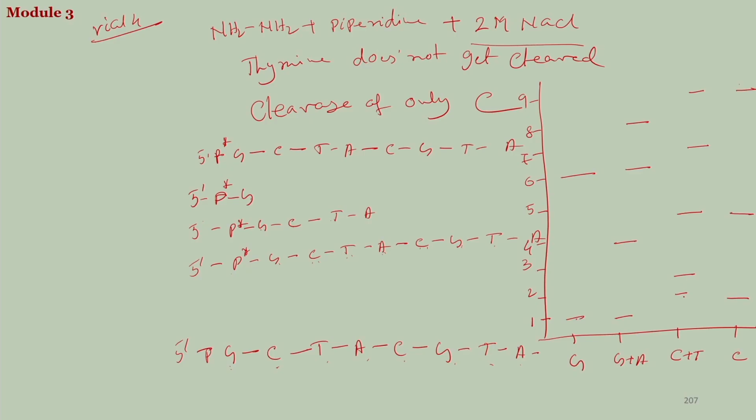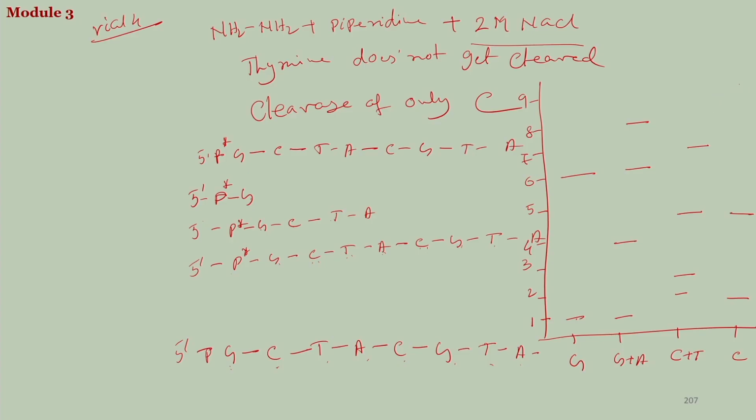Then C, G, C, T, A, so far is good. C, G is also correct. C, G, 1, 2, 3, 4, 5, 6, 7. 7 is C plus T, so this is A, this is T. And the last one, this has been a mistake, I think.